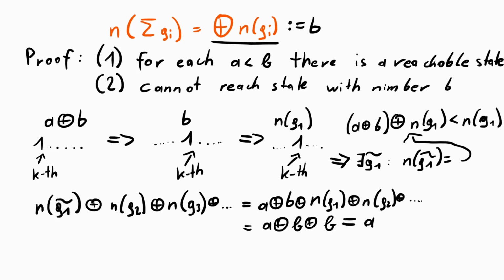So from our combined game, we can reach every number value that is smaller than b.